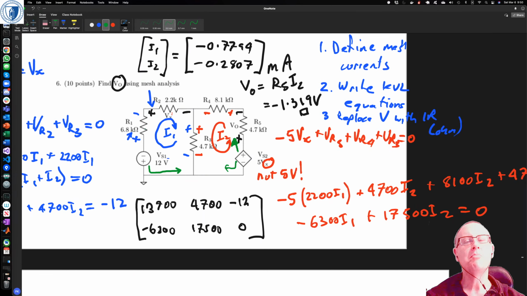Effectively, to ensure that the resistors satisfy the passive sign convention, your choice of current direction will determine what the polarity of those voltages are. Does that answer the question? Yeah, it does. Thanks. Okay.